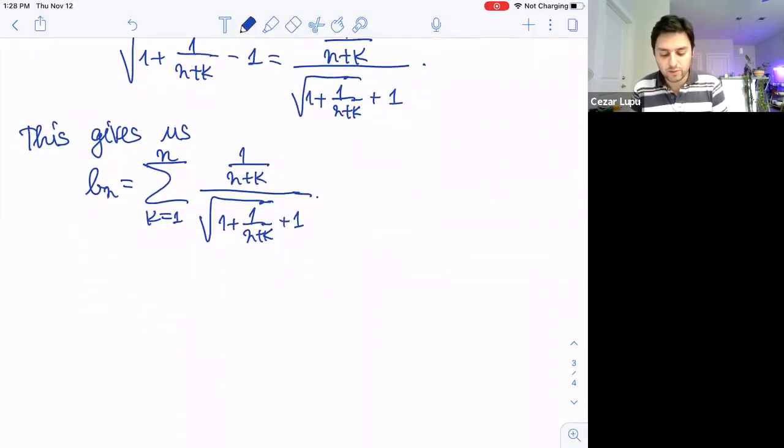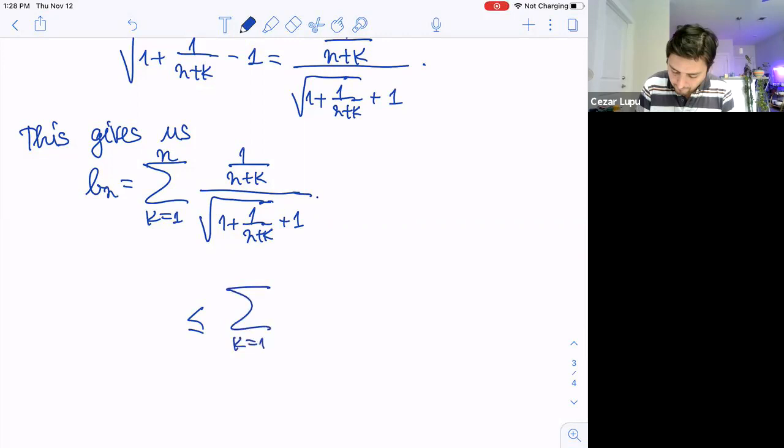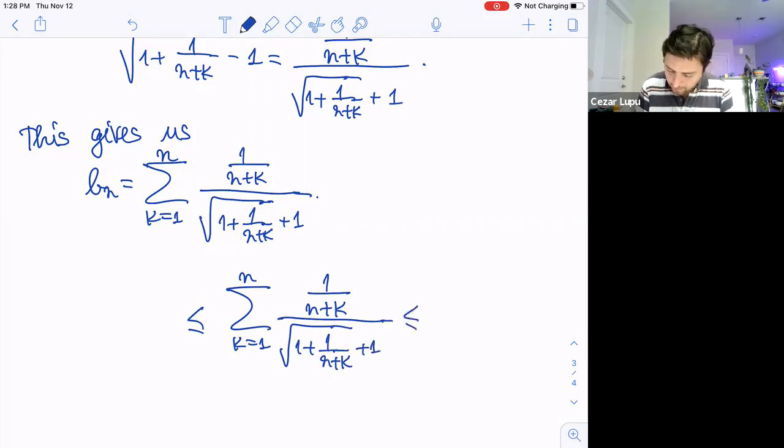Our intention is to use the squeeze theorem, right? And now let's see, how do we use it? Let me write it again. This is this sum. I'm just going to look at the denominator here.